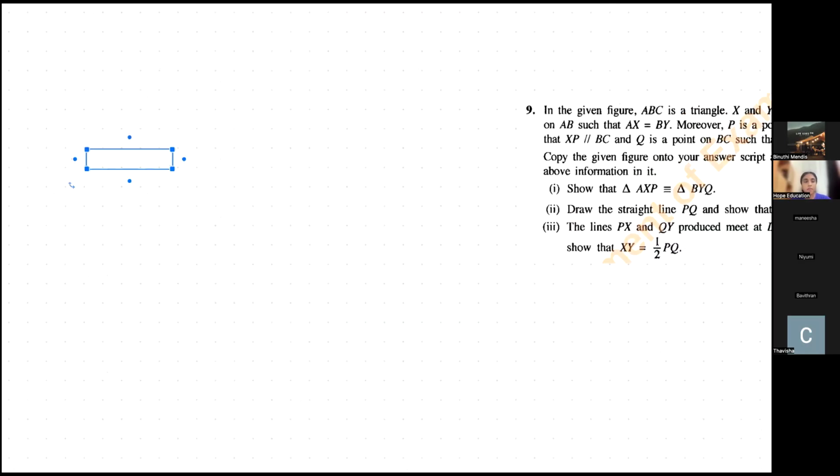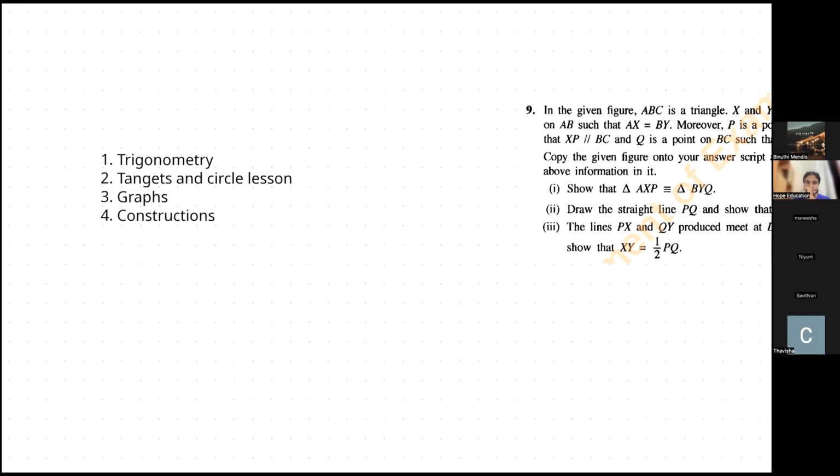Let me check: trigonometry, tangents, and that last circle lesson, and then graphs and constructions. Is that all? Yes, great. We'll do trigonometry today. Let's do the ninth one, kids.